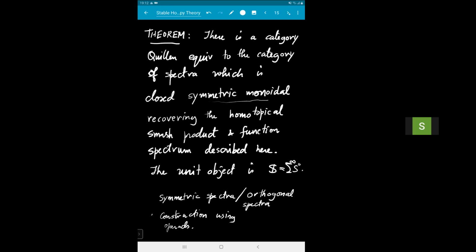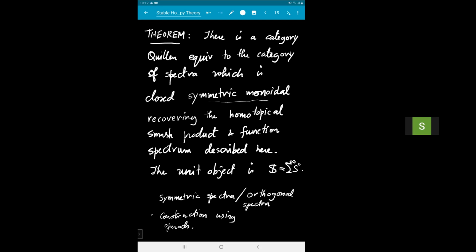So actually this entire program has a long history. The homotopy category which I tried to talk about is there in Adams's book on stable homotopy and generalized homology, and he does try to make sense of the smash product, but if you look at it, it's a very long section, and understanding that completely is a very difficult thing.